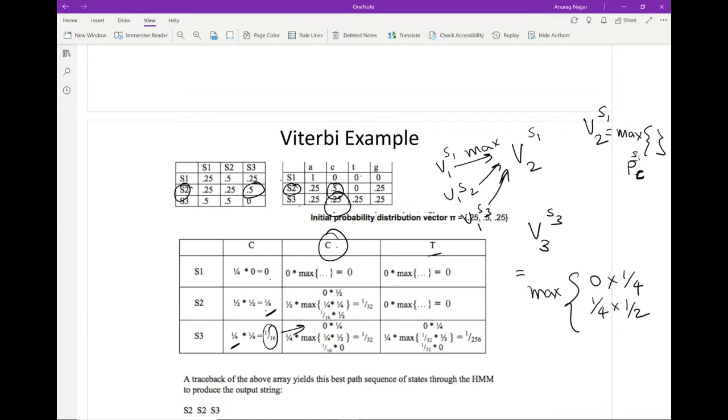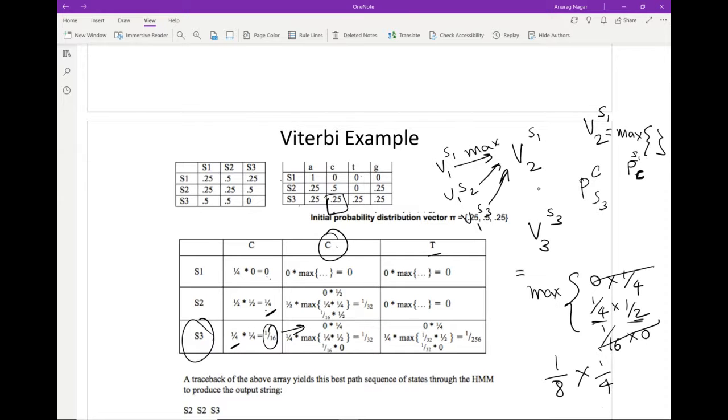S3 to S3 jump is actually 0, so 1 over 16 multiplied by 0 is obviously 0. So it will be 1 over 8. 1 over 8 multiplied by, what was that? The probability of outputting C in the S3 state. S3 and C is 1 over 4, so this will be 1 over 32 here.